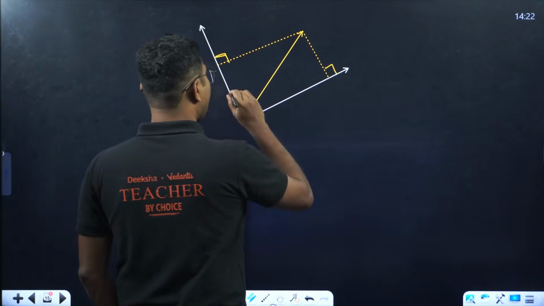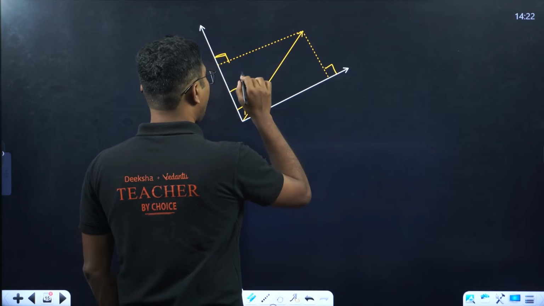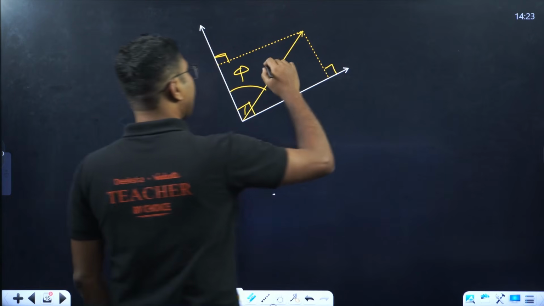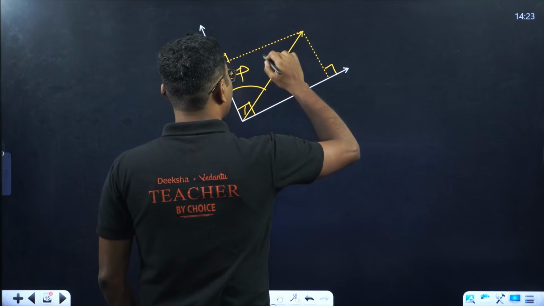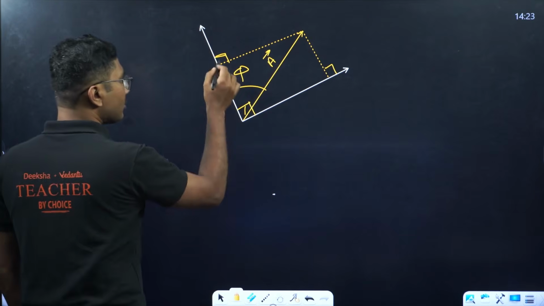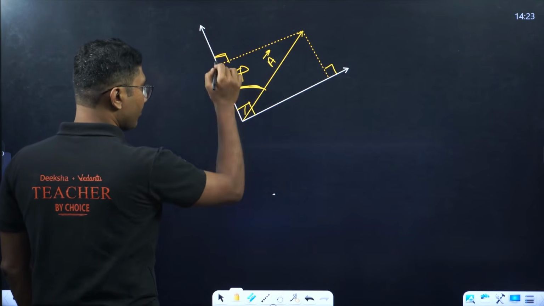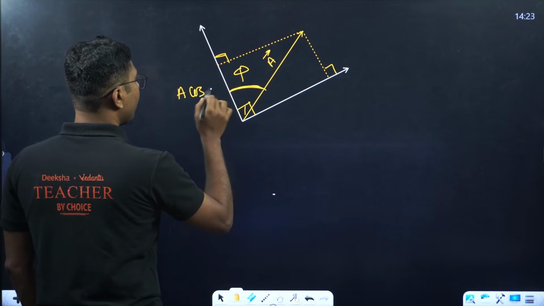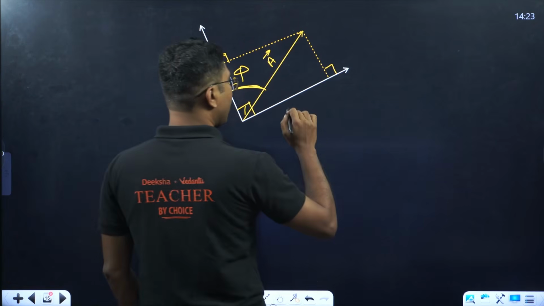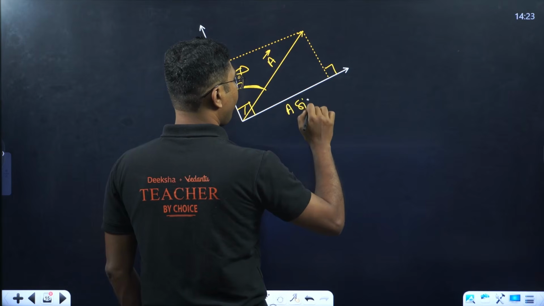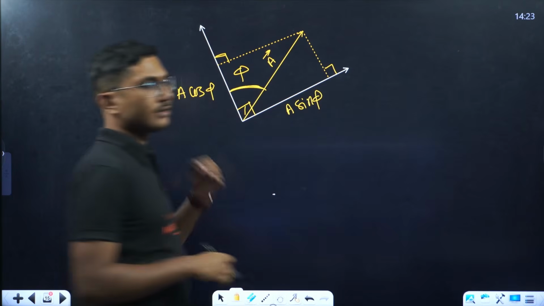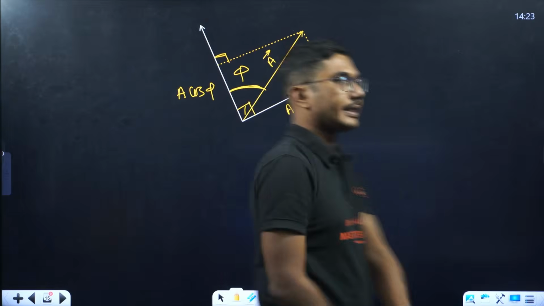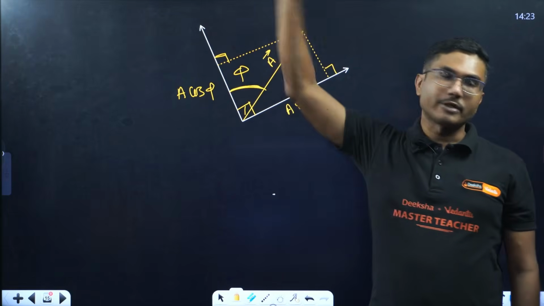Now if this angle is known to you, suppose this angle is given as phi, and this vector is say a, then this component is our adjacent component, so this will be a cos phi, and this will be a sin phi. Do not keep any prejudice or misinformation in your head that only this component is cos theta and only this component is sin theta.